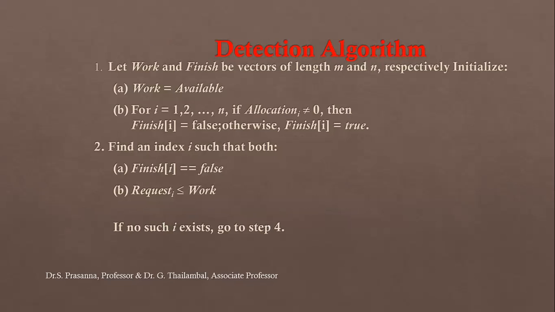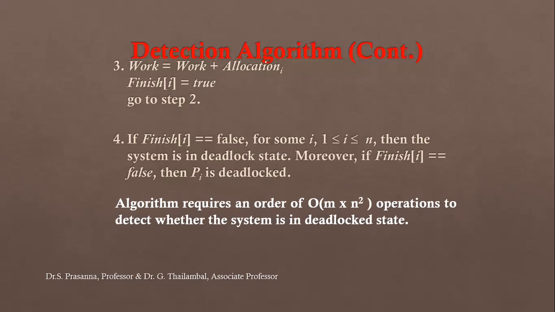If the request is greater than the work, it cannot be allocated, so a deadlock will definitely occur. Once we have detected a deadlock, we won't allow that particular process to enter the CPU for execution. If all the conditions are satisfied, the allocation will be made and finish will become true. Again in step 2, the next process in the sequence is taken and checked, and if it is in a safe state, we allow it to execute.